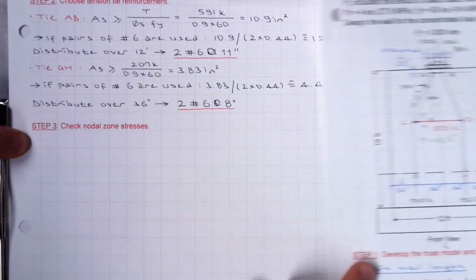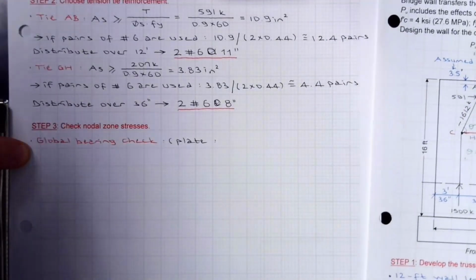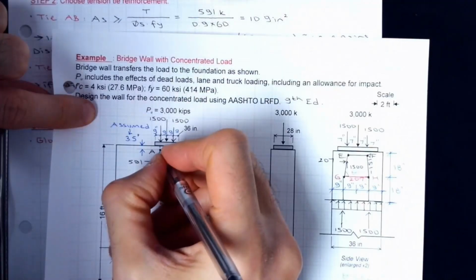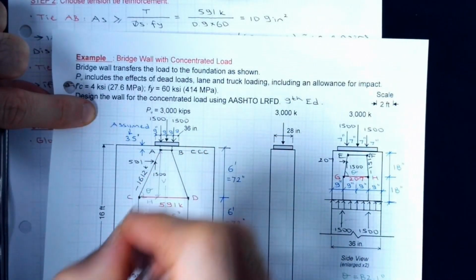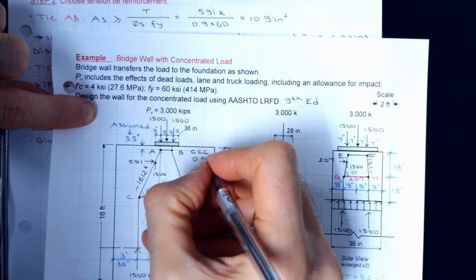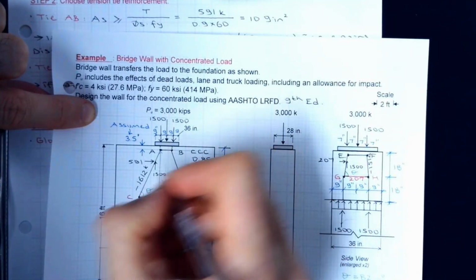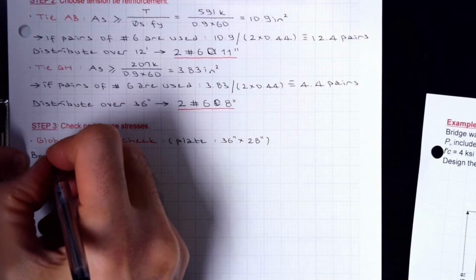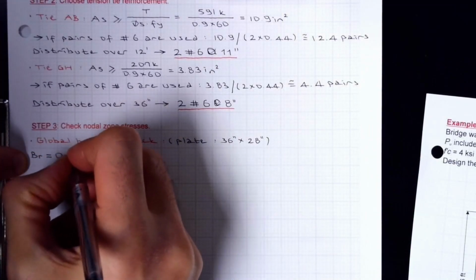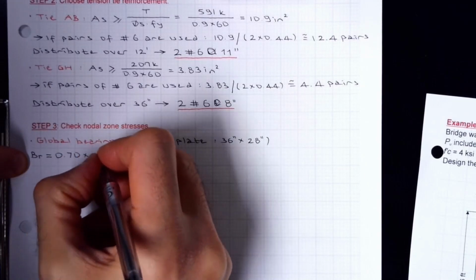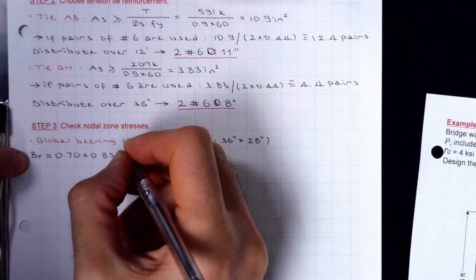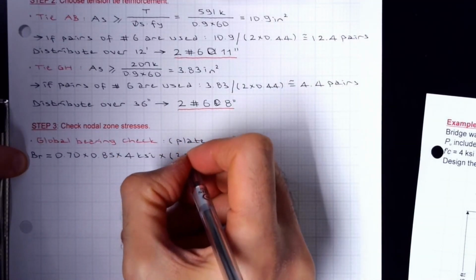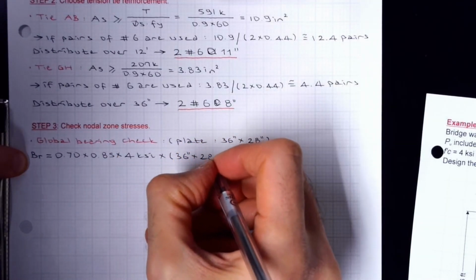I'm going to be starting with global bearing check, 36 by 28. The node type at that location is compression, compression, compression, CCC, and based on AASHTO CCC multiplier is 0.85. BR, which is the strength of the nodal zone, is going to be phi C, which is 0.7 times 0.85 F prime C, which is 4 KSI, times plate area, which is 36 inches by 28 inches.